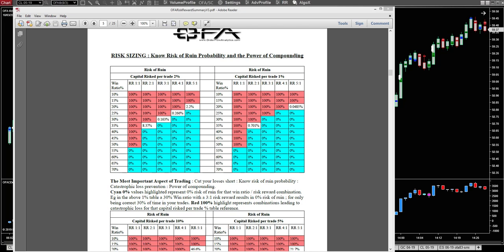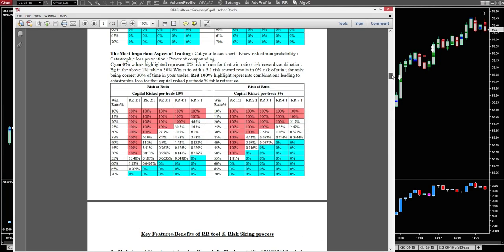We've provided this statistics map of risk sizing and risk of ruin to give you a foundation to reference in your risk reward setups and your win rates, just to give you an illustration of stacking the odds on your side. The top two tables cover the capital risk per trade of 1 and 2%, and for comparison we have 10% and 5% on the bottom section.